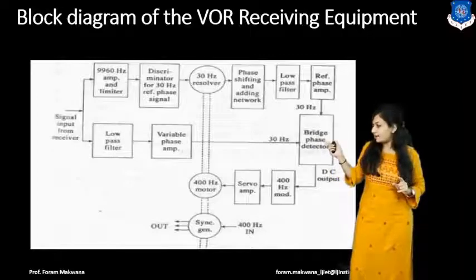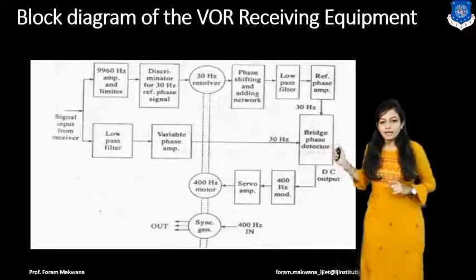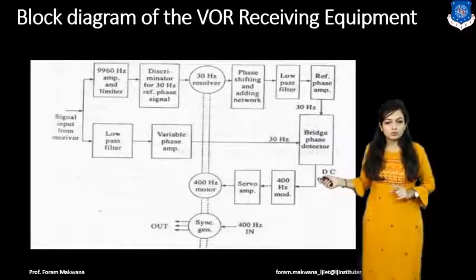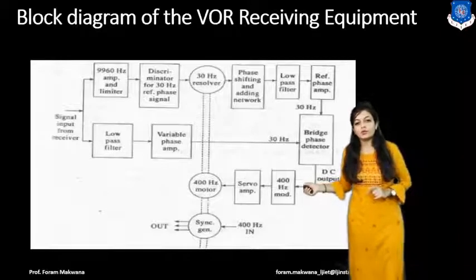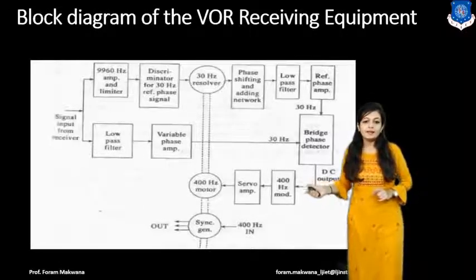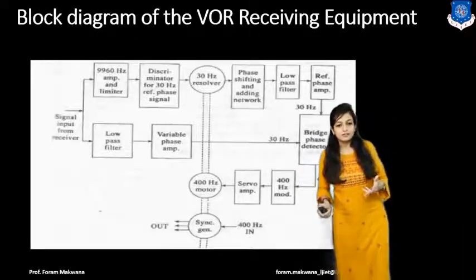This is applied to a bridge phase detector, and the detector produces the DC output. The DC output is monitored by a 400 Hz modulator, and this signal is going to drive the motor.